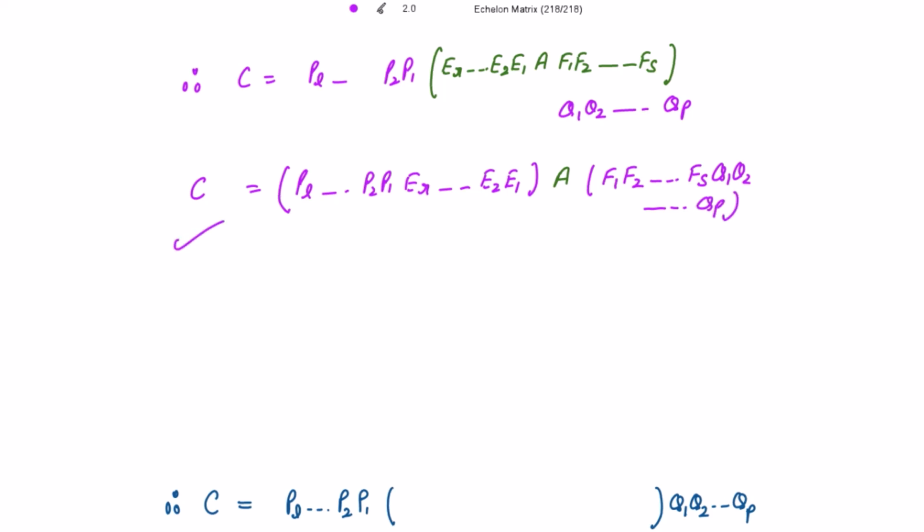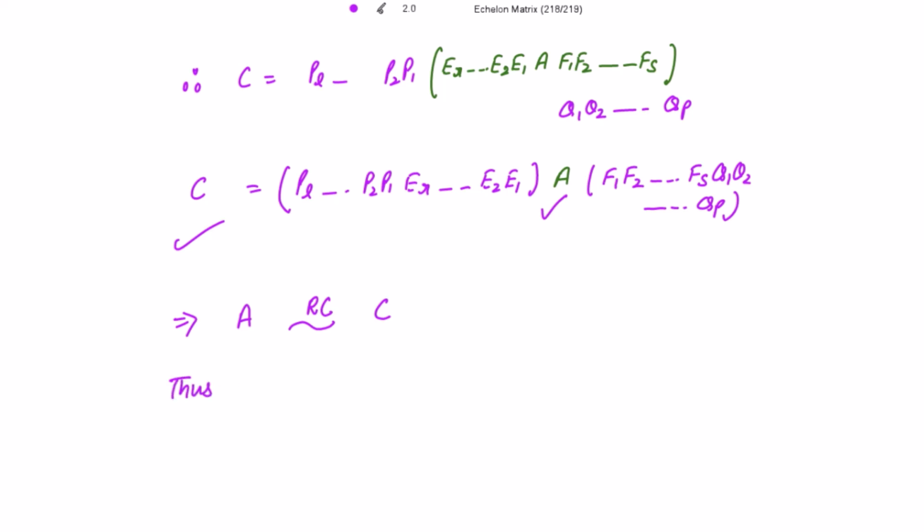So we are getting C by pre-multiplying and post-multiplying the elementary matrices to this A. So this implies C is obtained from A by applying the row column operations, right? So thus the relation RC is transitive.